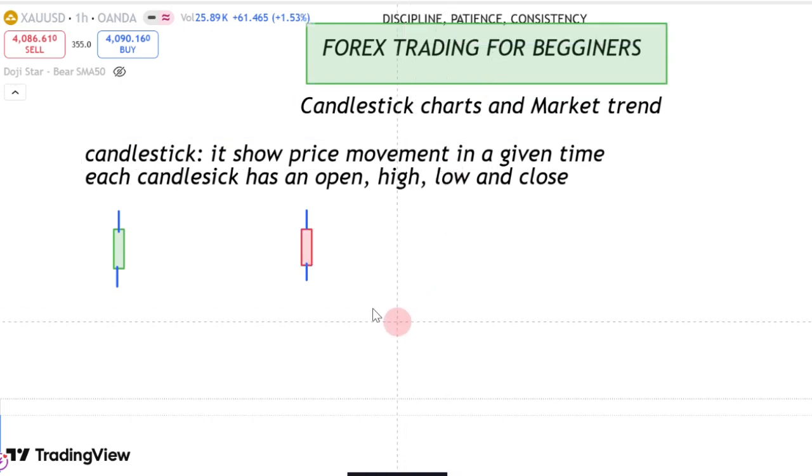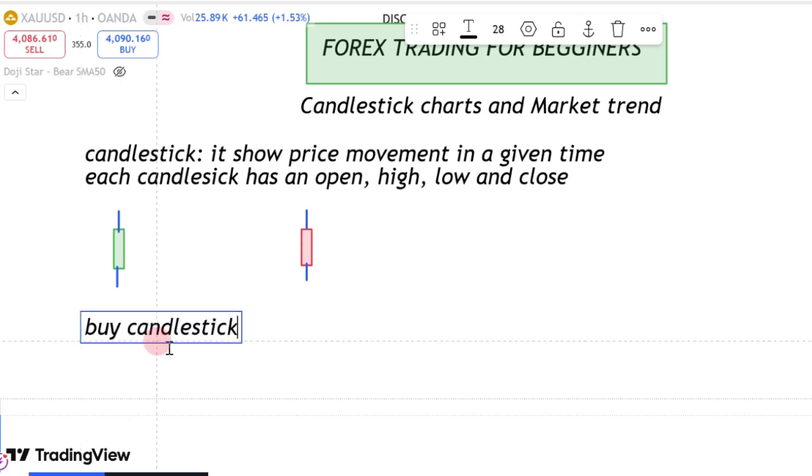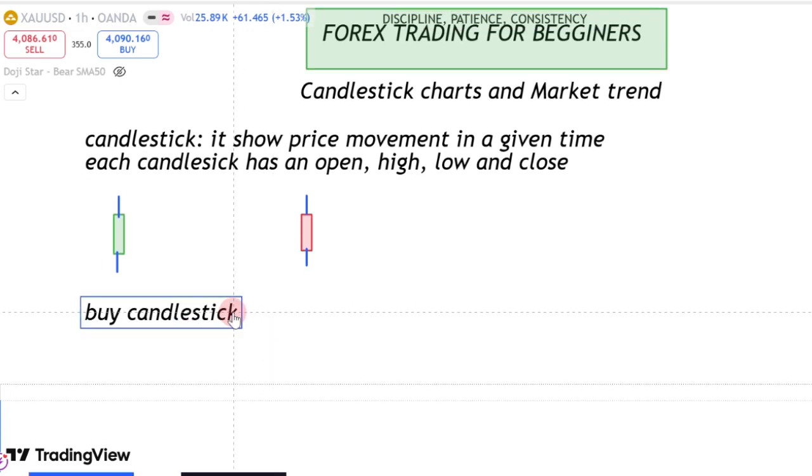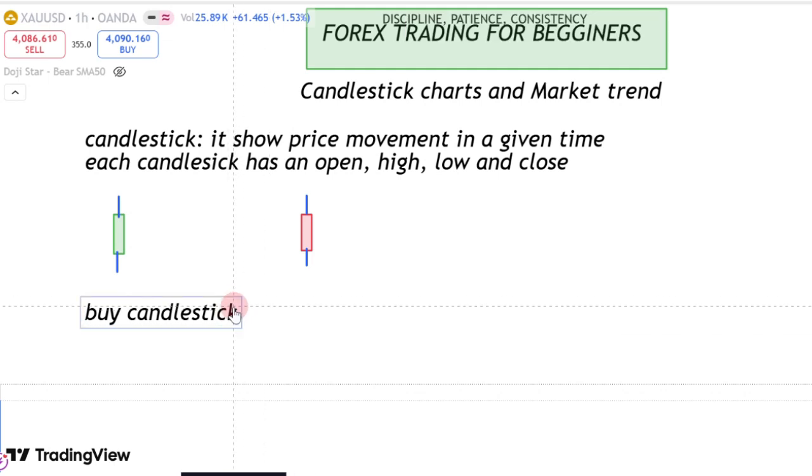So this is it. This is a buy candlestick. So let me type it here. Buy candlestick. This is a buy candlestick.